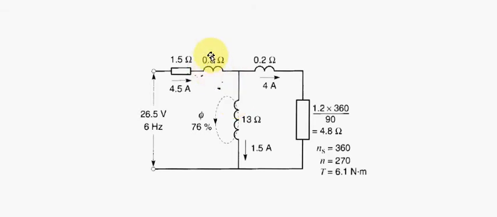And these values decrease here and here and here because of the frequency, because these are inductors, and as the frequency decreases, the reactance of the inductor decreases. If you remember, XL equals 2 pi FL.